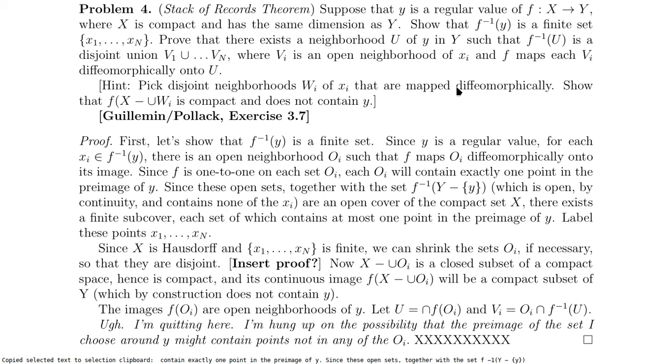We would have U is equal to the union of FOIs, and VI is equal to the OI intersection inverse of U.